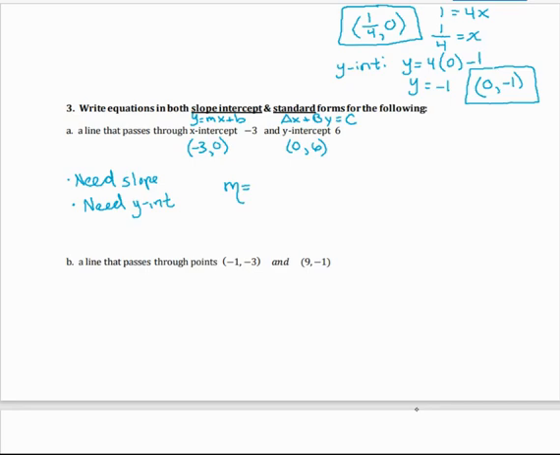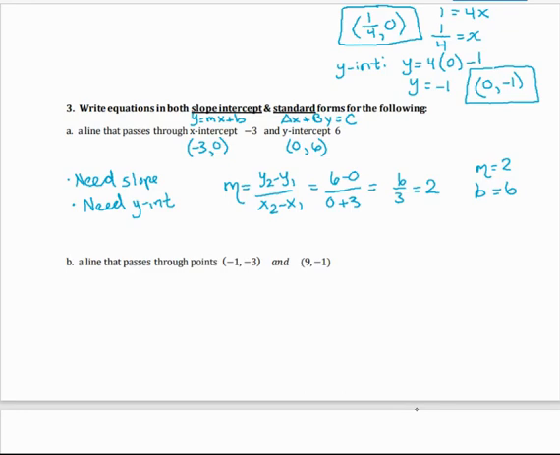Recall our slope is y2 minus y1 over x2 minus x1. So if I plug that in, we'd have 6 minus 0 over 0 plus 3, because it's minus negative 3. This gives me 6 over 3, which is 2. So now I know that my slope is 2, and the b value, the y-intercept, is 6.